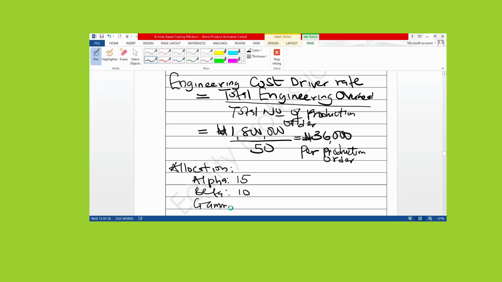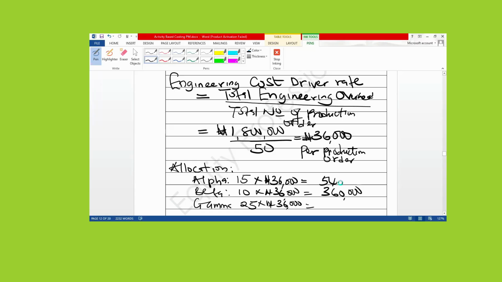Gamma, 25 production orders. Multiply by 36,000.